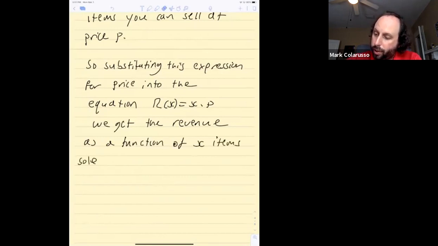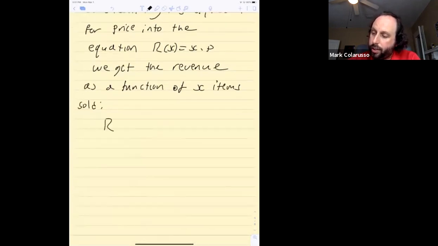That function is just R of x equals x times f of x. And that's what we'll work with.